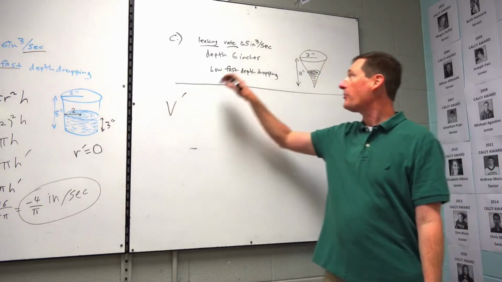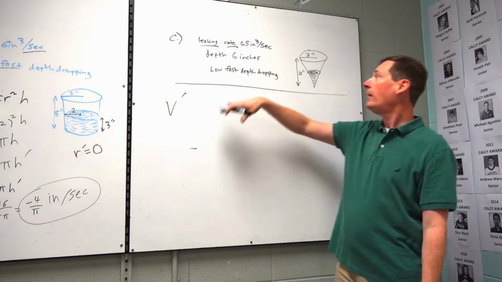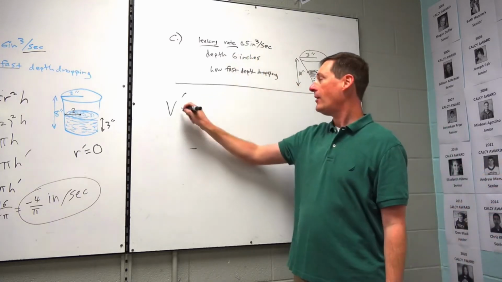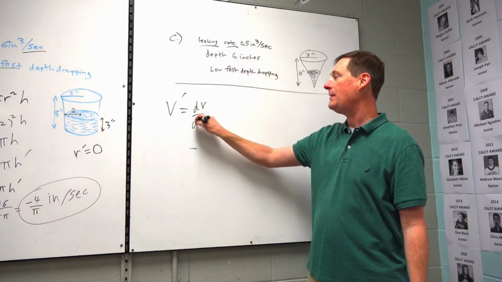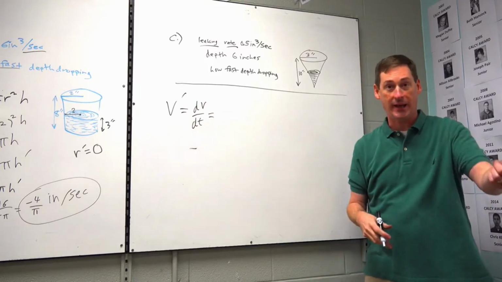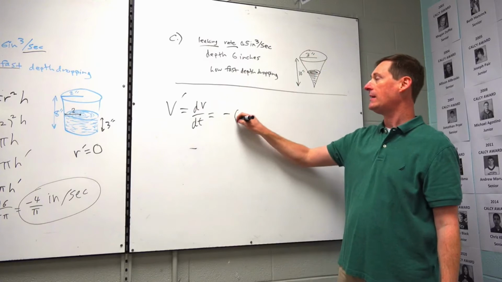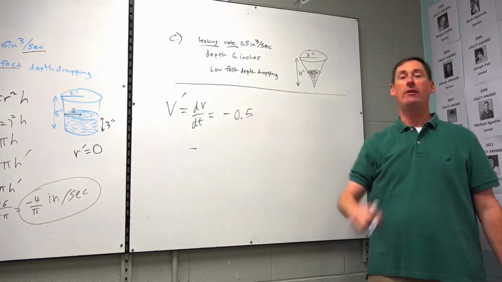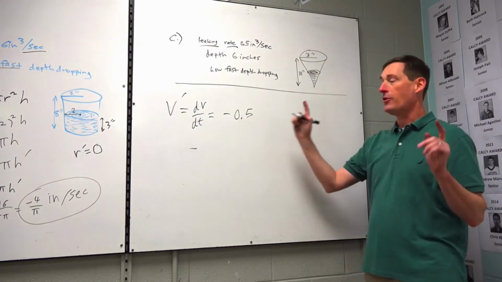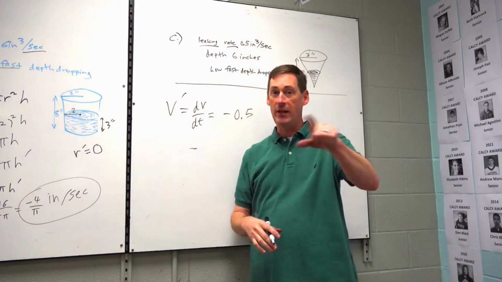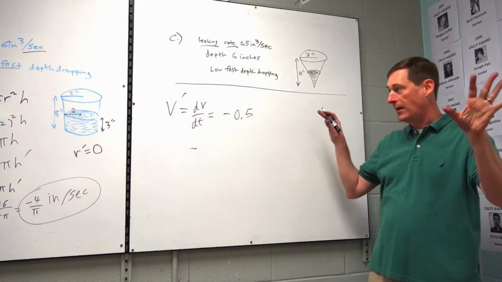So 3-dimensional, volume, per second or rate, derivative, also dv dt because it's a rate and it's per second, and leaking, a negative verb, so technically negative 0.5. That's how you throw in the negative, and you also identify the fact that it is v prime or dv dt and nothing else.